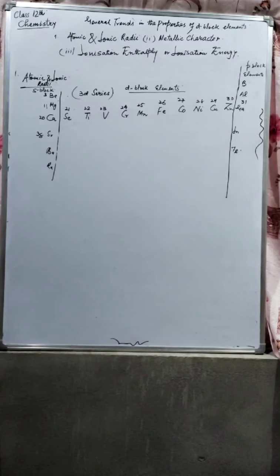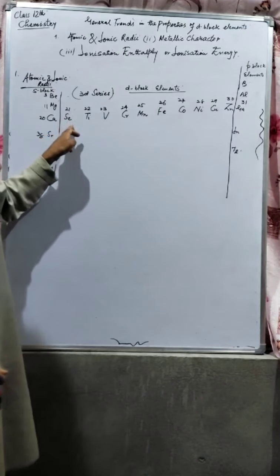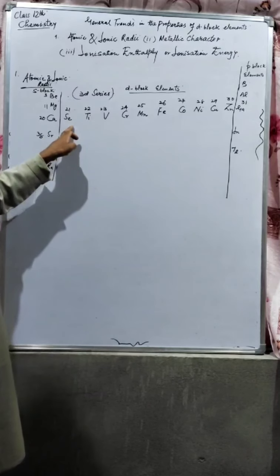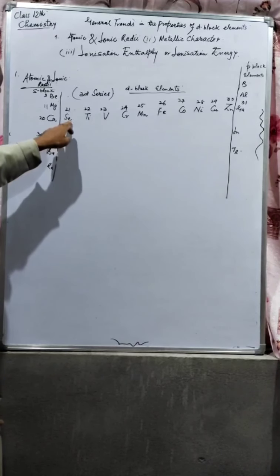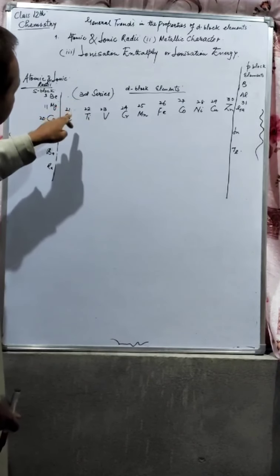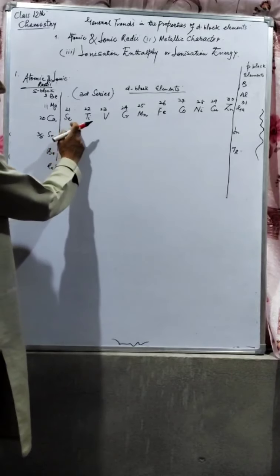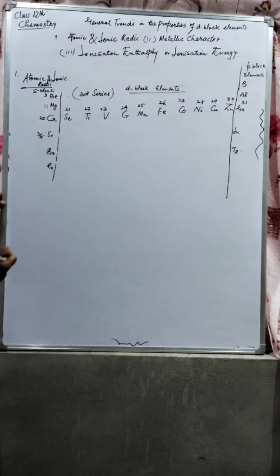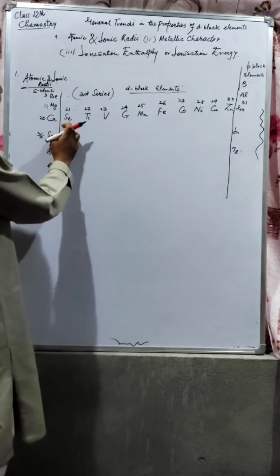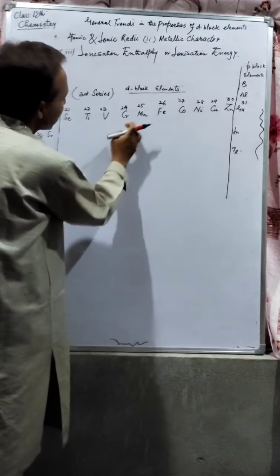Now, why do the atomic radii decrease? The decrease in the atomic radii along the series is due to the increase in the atomic number, and when the atomic number increases, the nuclear charge also increases.